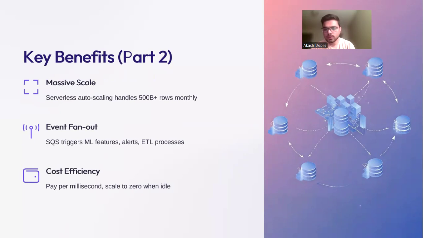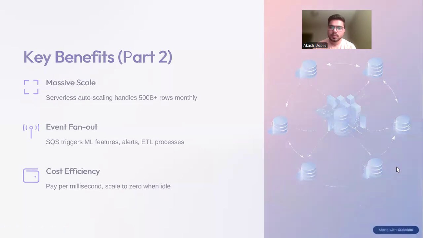Then SQS events, which we talked about earlier in the architecture, let you trigger downstream machine learning features, alerts or additional ETL without adding any cron jobs. So it is very cost efficient, and we can set event driven alerts as well with this architecture.